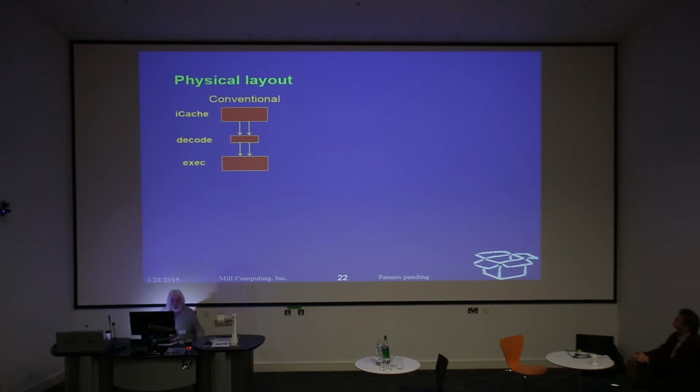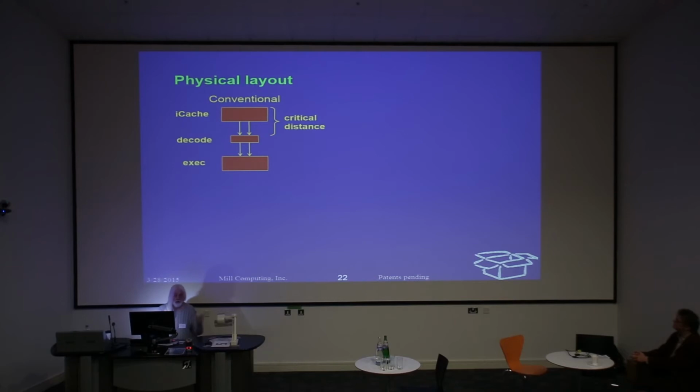One of the constraints in real CPUs is you can never have enough instruction cache. This is especially true if you have very wide operations. But the problem with instruction cache, you could put as much instruction cache on the machine as you want, but the bigger the instruction cache, the further away the far end of the instruction cache is from decode.